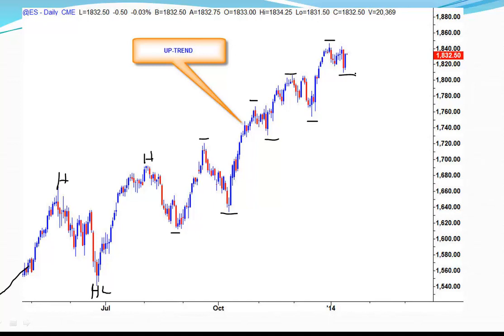And that's what's happening right now with the markets, because this is the current day market right here. It actually went and tested way up here already.